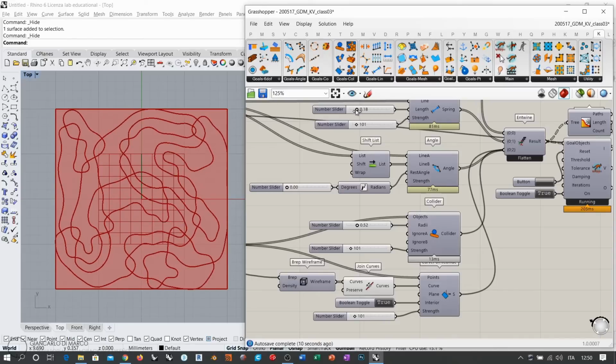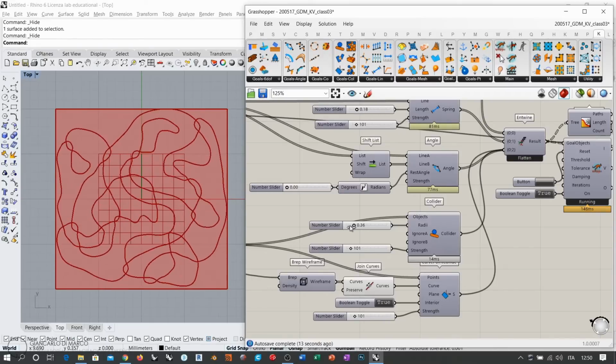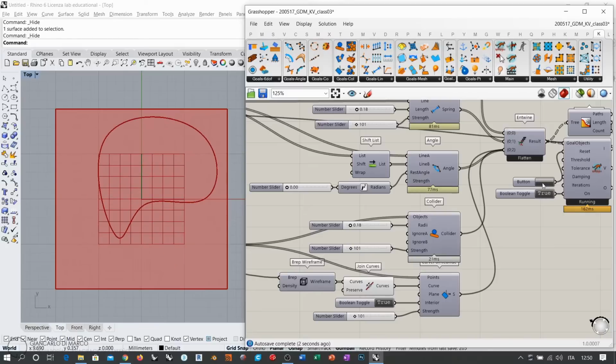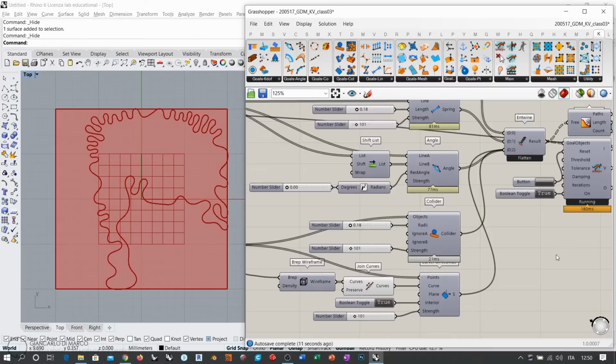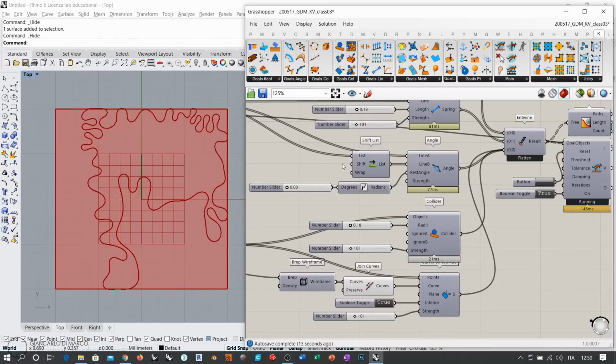So let me go back to our initial values, like this. Let me reset this. Let me run it again. Let's create some initial deformation. You see that now it's easier to keep things under control.